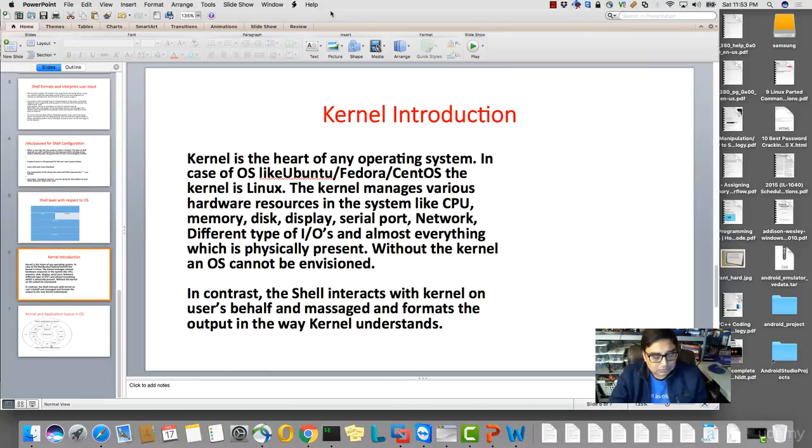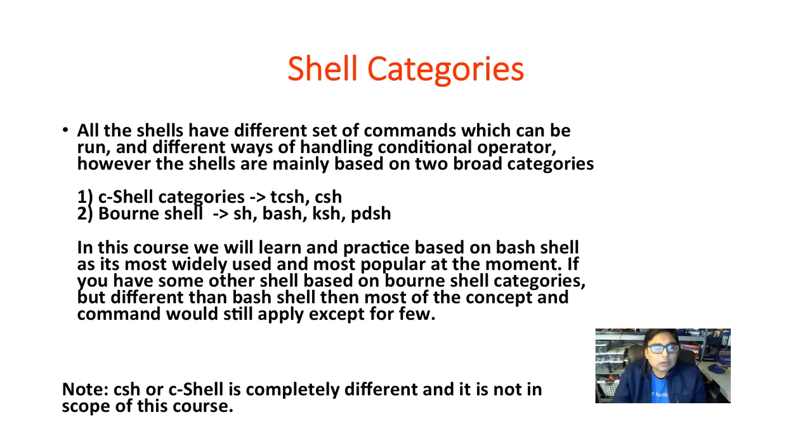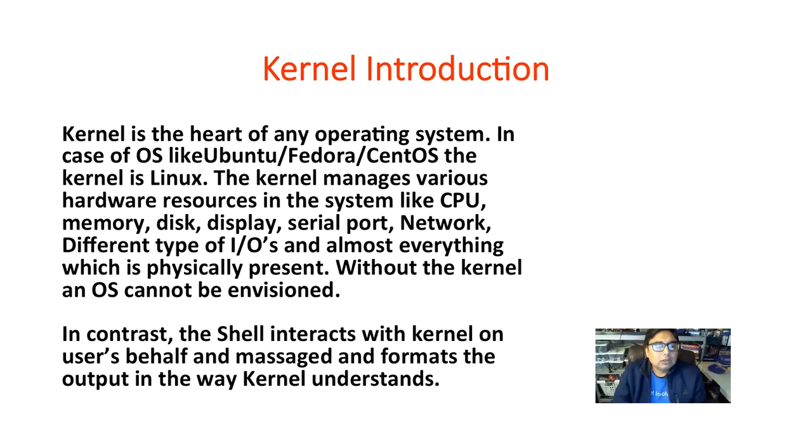Now the shell is just an interpreter, so let us also go through what the kernel is. The kernel is the heart of the operating system. In the case of Ubuntu, Fedora and this kind of OS, it manages the resources like CPU, memory, disk.